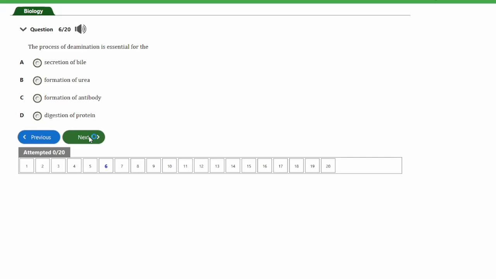So guys, let's look at the next question, and that's question number 6. The question says, the process of deamination is essential for the A. Secretion of bile, B. Formation of urea, C. Formation of antibody, D. Digestion of protein. So guys, the answer to this question here is formation of urea.